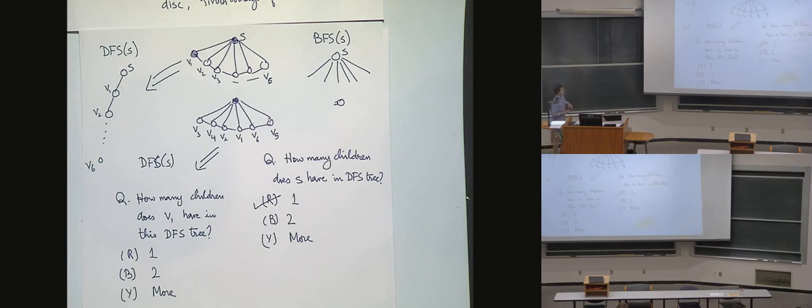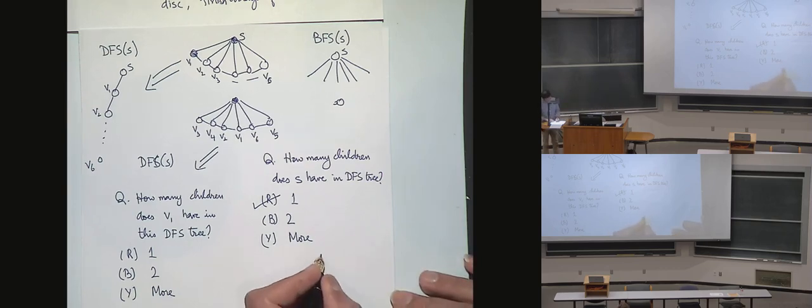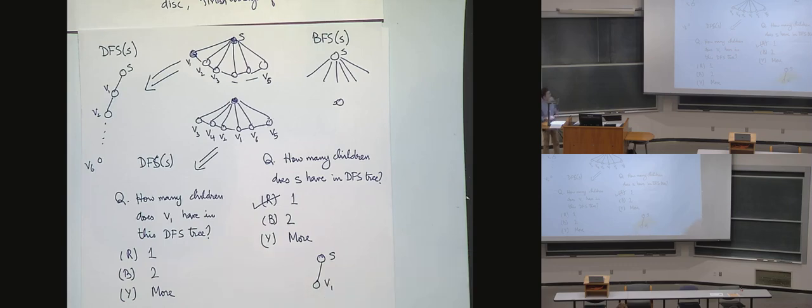How many children does V1 have in this DFS tree? So correctly, you all said that S has one child V1, right? Because DFS from S is going to, and again, the subscript, think of that as the ordering in whatever the adjacency list is. Okay, so now what is the answer?